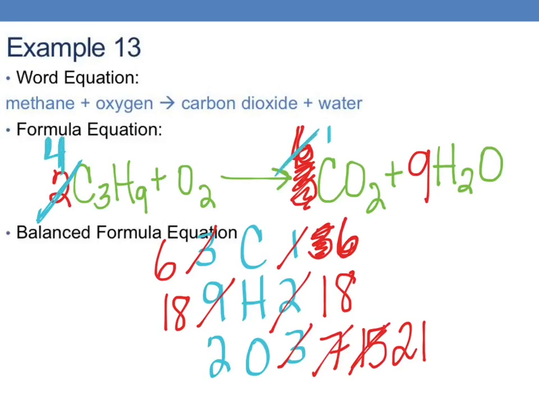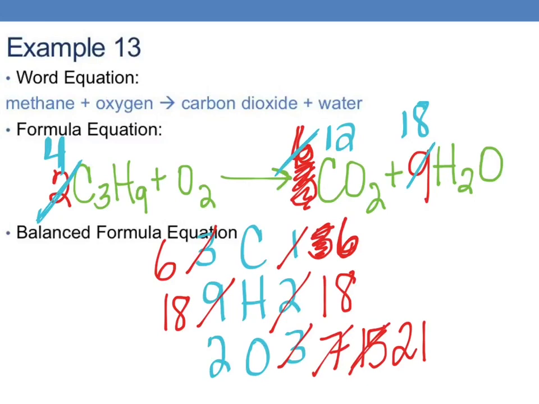This becomes 12. This becomes 18. All right, let's see if it works out. But why? Because I have that 9. I want that 9 to be an even number. I have 9 oxygens. I need to get to an even number of oxygen. So the best thing is to multiply everything by 2 to get out of that odd number.